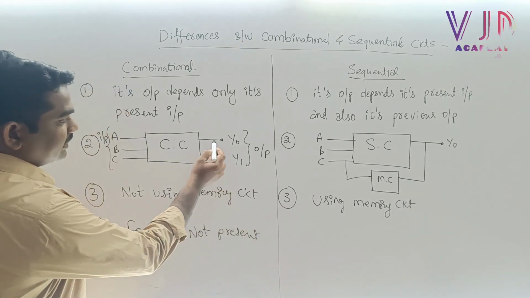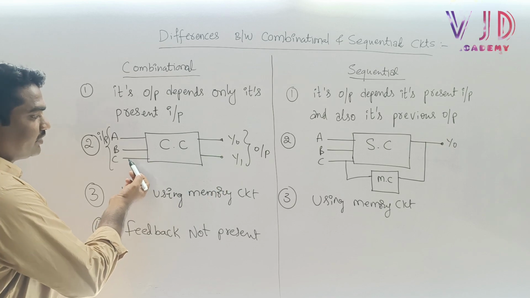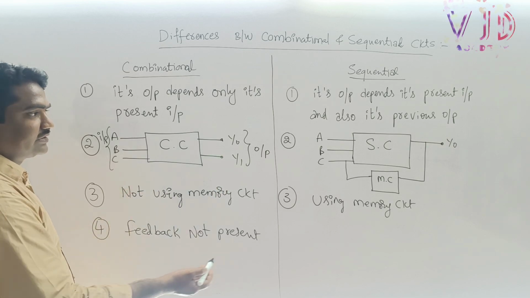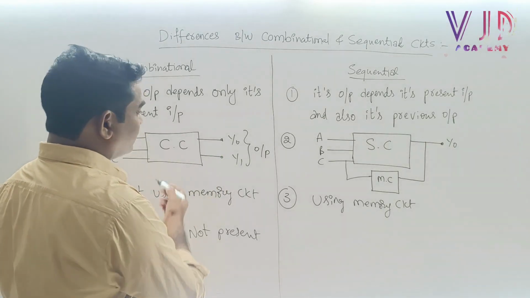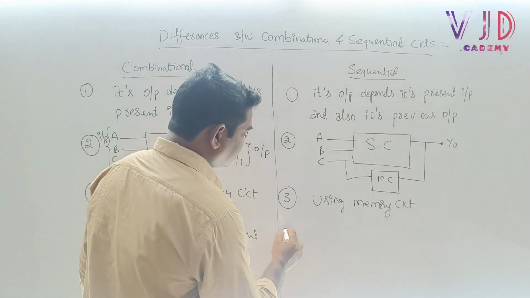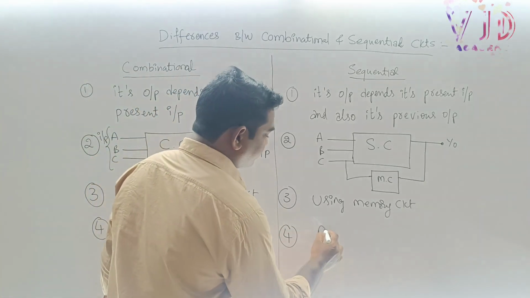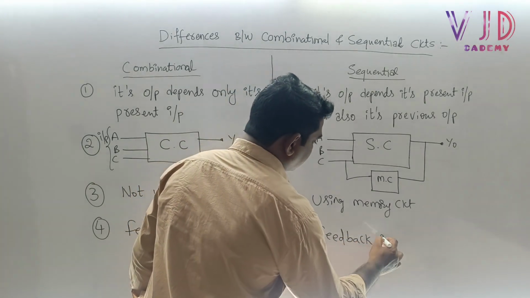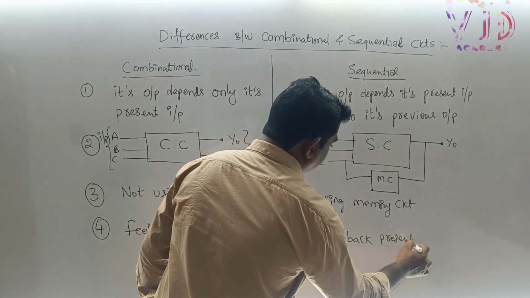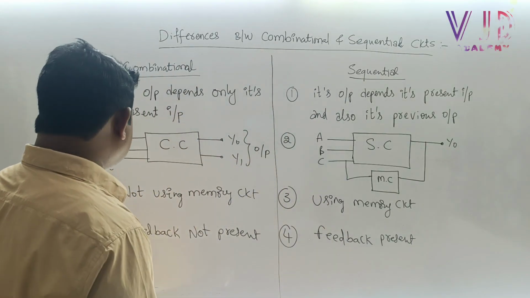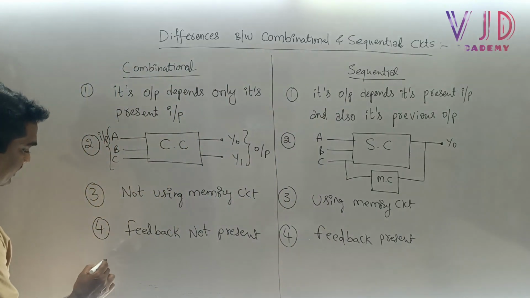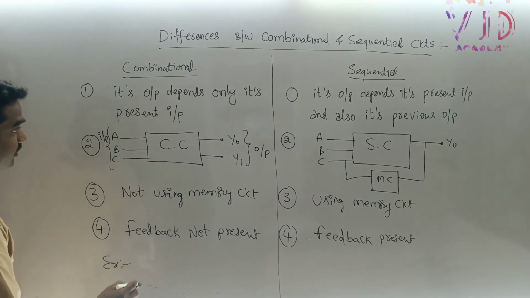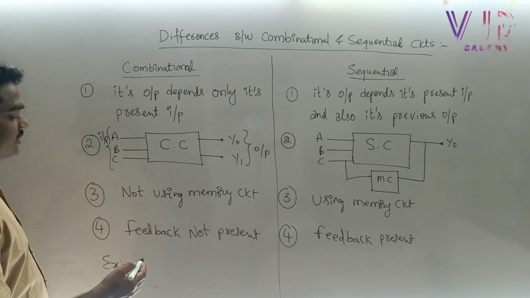Here we are not giving the output back to the input. We are not applying this kind of operation in a combinational circuit, whereas in a sequential circuit, the feedback is present. This is the difference.